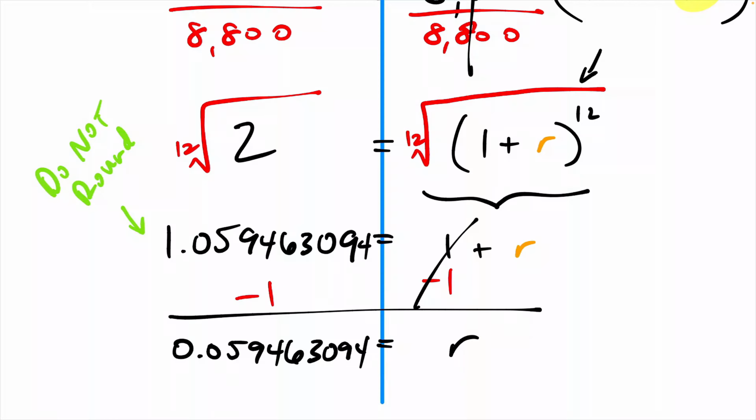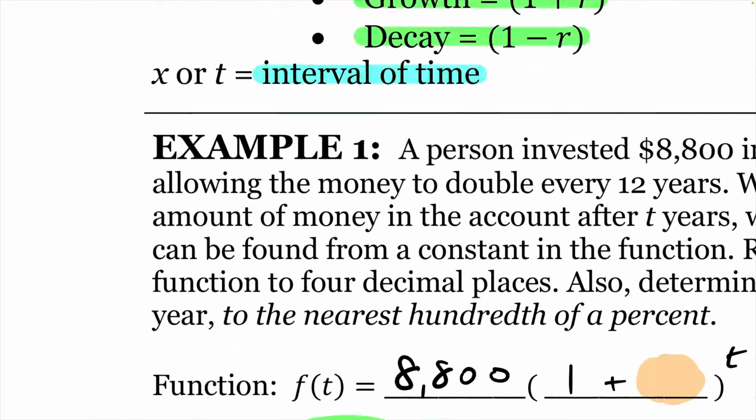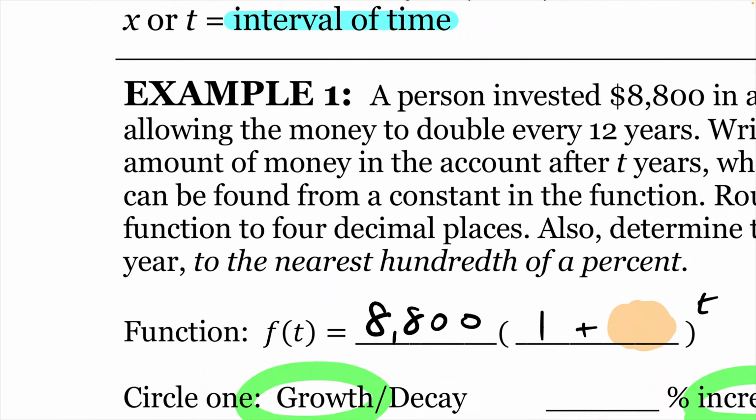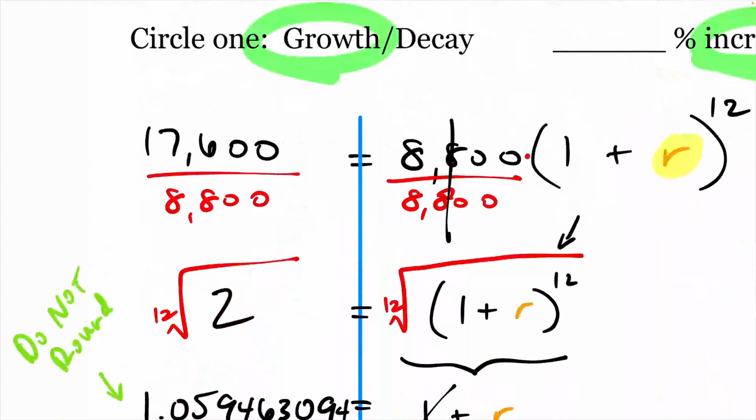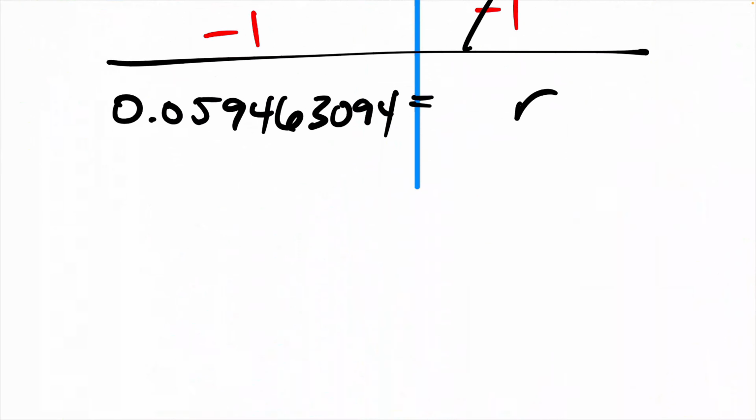It says it wants you to round how many spots past the decimal? The sentence before that says 4 decimal places. So 4 decimal places means 1, 2, 3, 4. That's the guy right there.